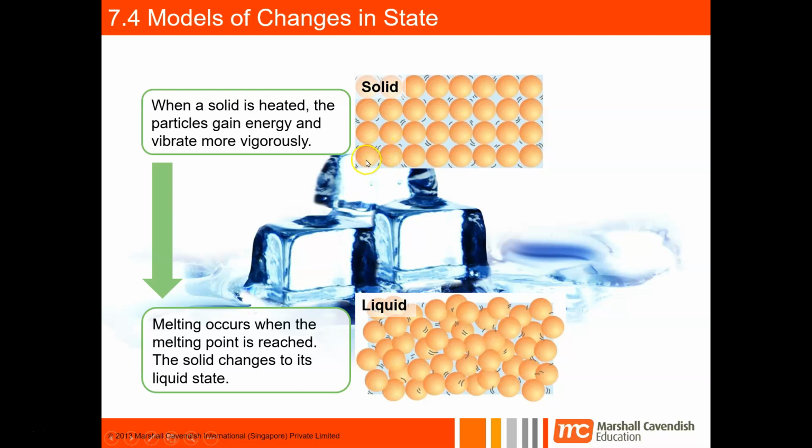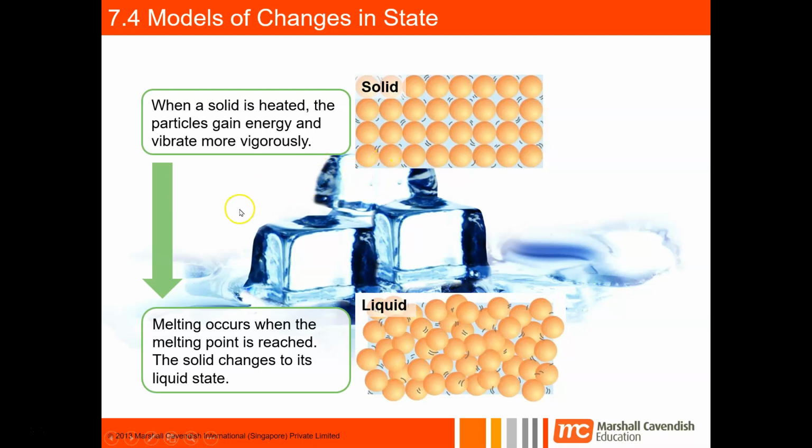Now remember that the particles are held together by bonds, right? B-O-N-D-S, bonds. Now there are actually 4 types of bonds between particles, but let us just save that for the future. Just keep in mind that there are bonds in between.